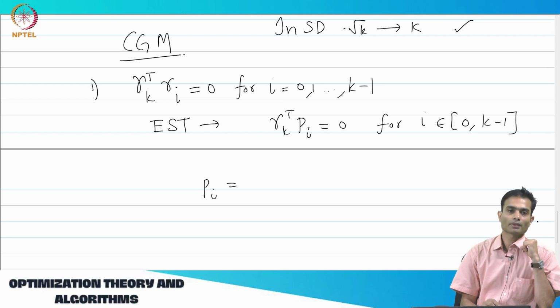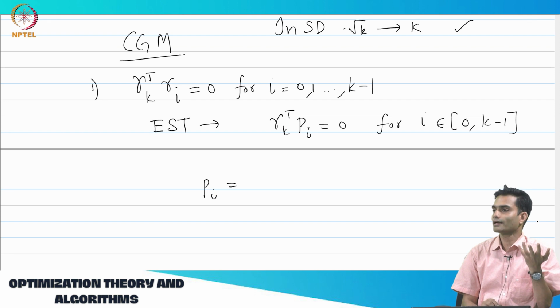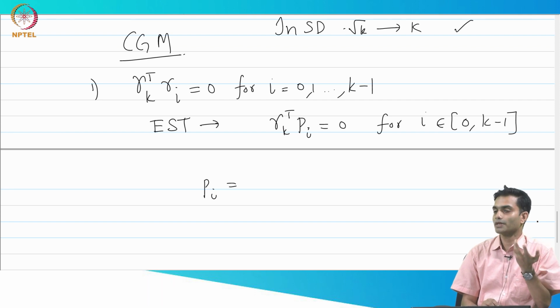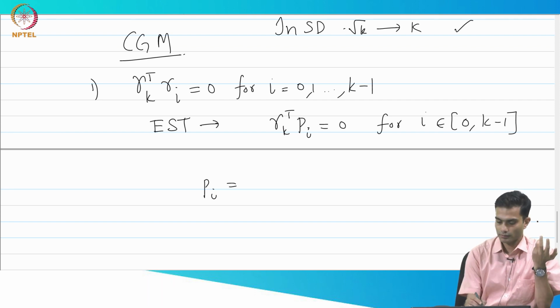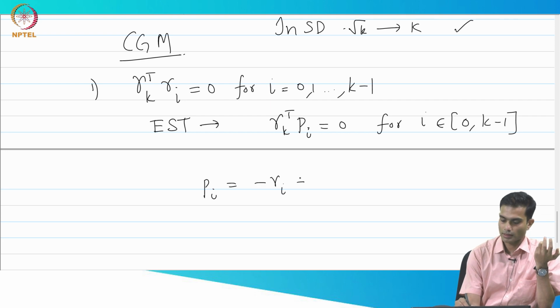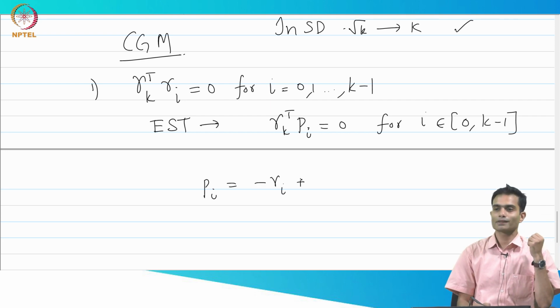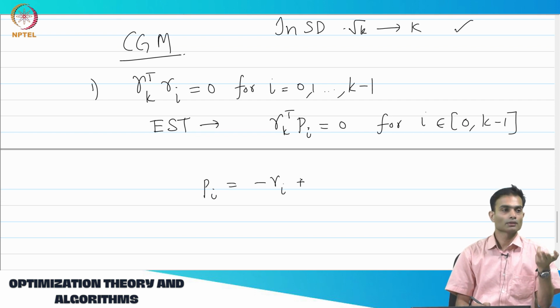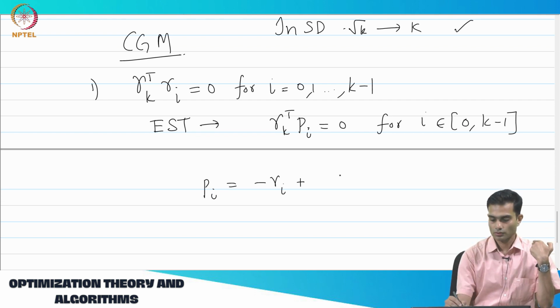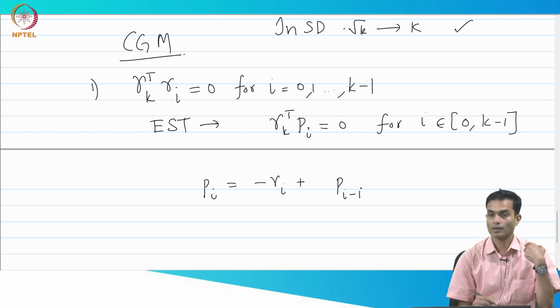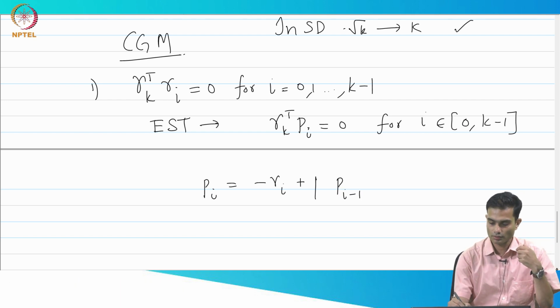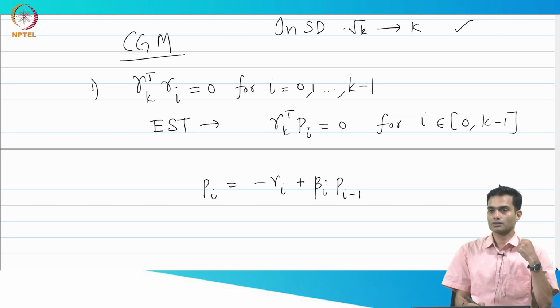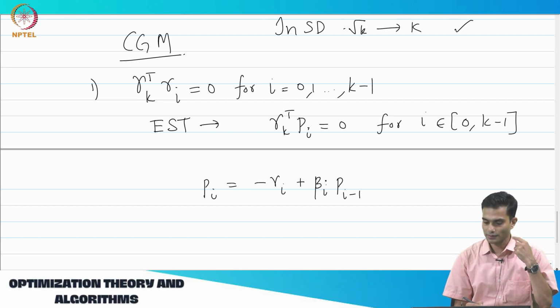The way to remember it is, if I didn't know anything, I would do gradient descent. If I did that, P_i would be equal to minus R_i. You got the first time right. Then I said, we are doing something a little smarter than gradient descent, which is to remember something about the previous direction. So there should be a P_{i-1} and there should be a beta here. So it's very intuitive to remember this expression.